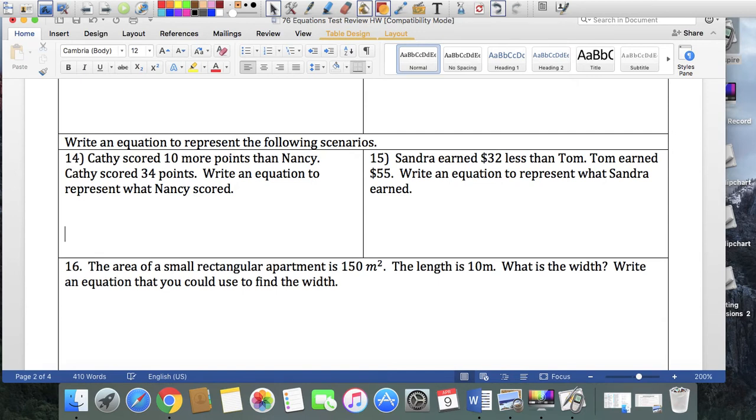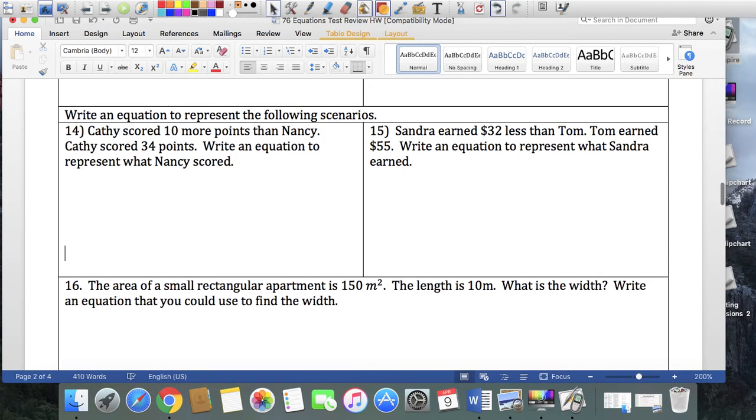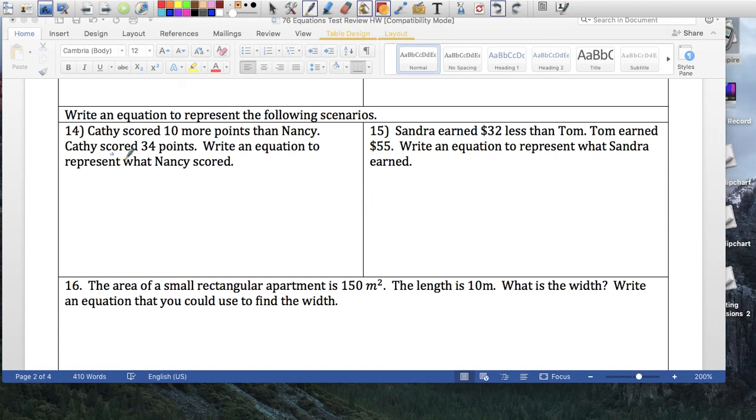Alright, so we talked about this in class today for a little bit. So let me write Kathy over here. So Kathy scored 34 points. Now, write an equation to represent what Nancy scored. So Nancy, how do I get to Kathy?